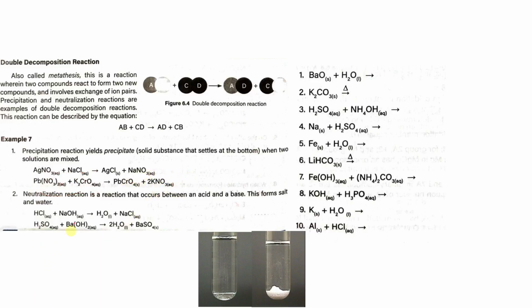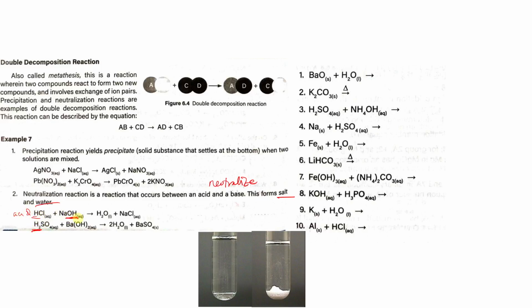Then the next one we have is neutralization. This is when we mix acid and base. So they neutralize each other, and from this reaction, we have salt and then water. So for example, here we have HCl plus NaOH. The common sign of an acid is that, again, it's an acid if there is hydrogen on the first part.